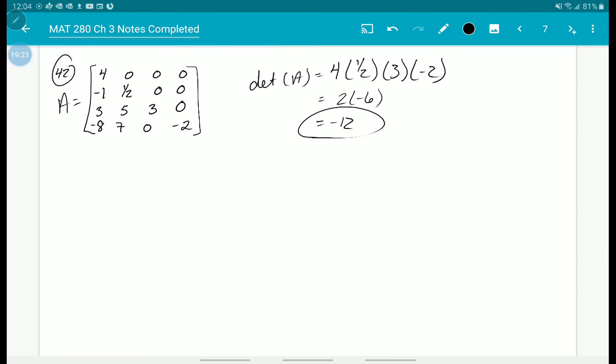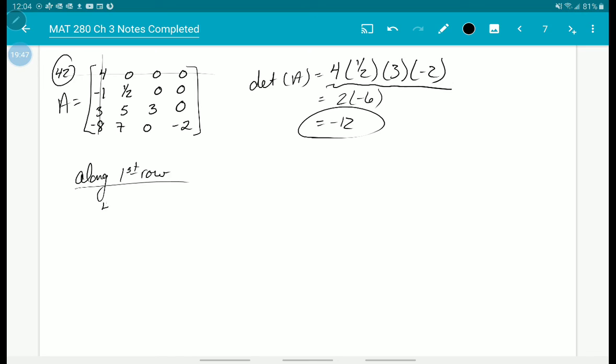But we could do row expansions here also, and I'm going to go along that first row again. Even if you went along the last row, you would still get the same answer. Just first row is going to be easier. So if we went along the first row, and I am going to do row expansion so you can see the numbers come out. And you'll actually see this come out when we work it out.